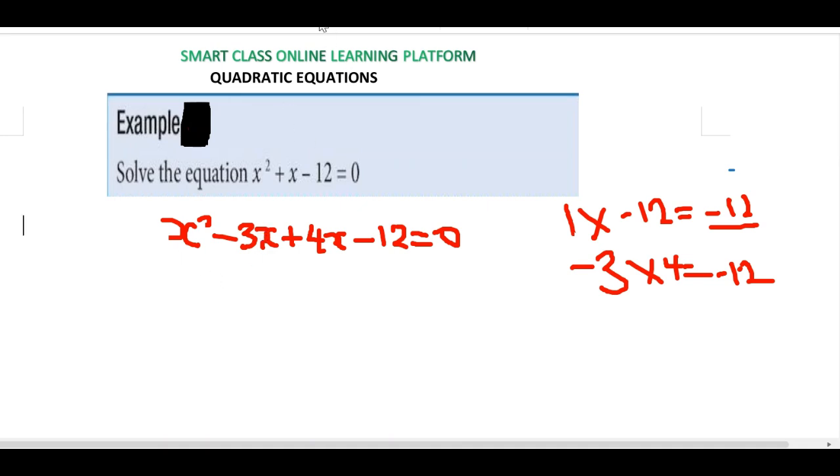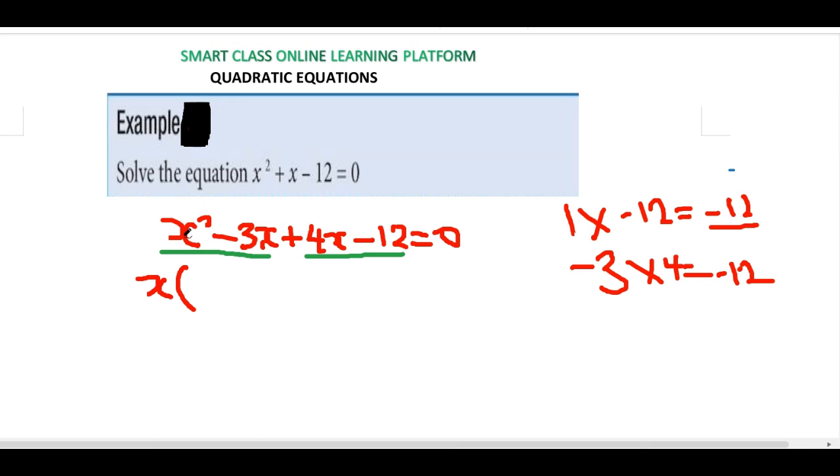The next step is for us to factorize this pair of terms. We'll factorize this and then factorize this. The common factor here is x. We'll bring it out of the bracket and put the remaining factors inside.